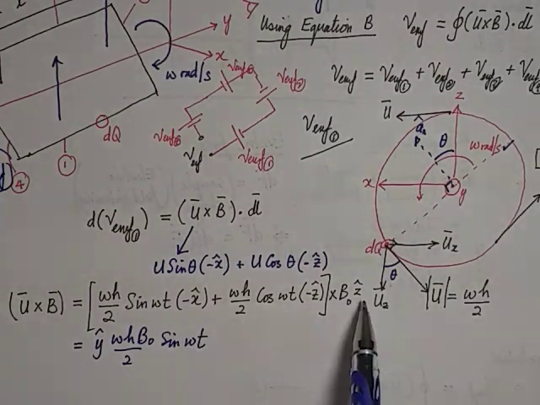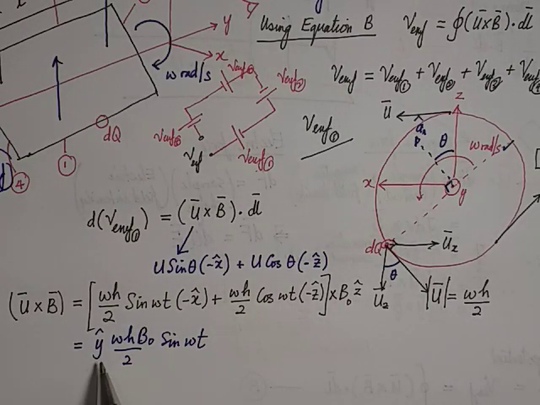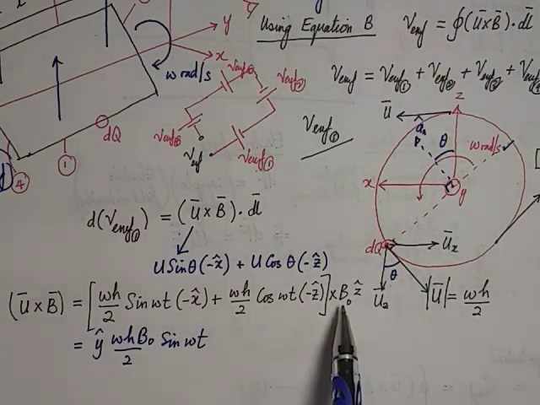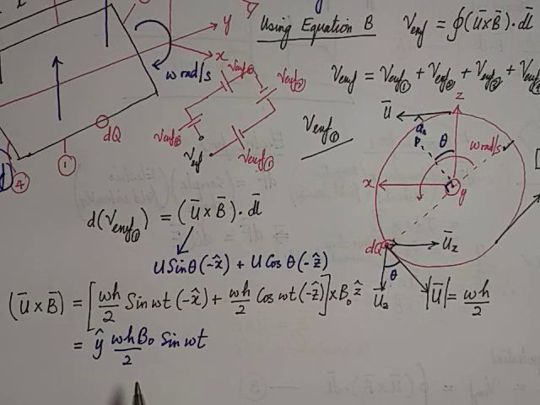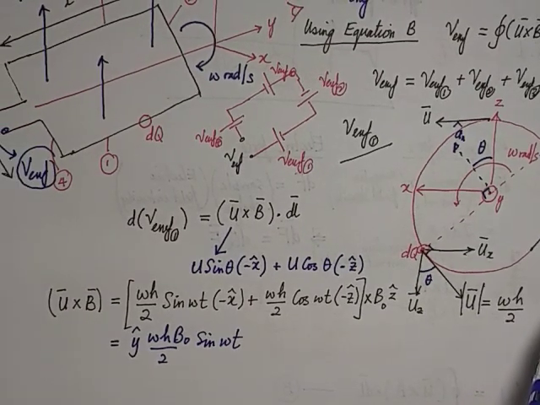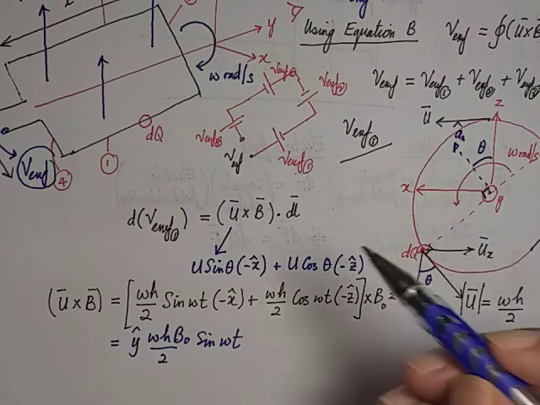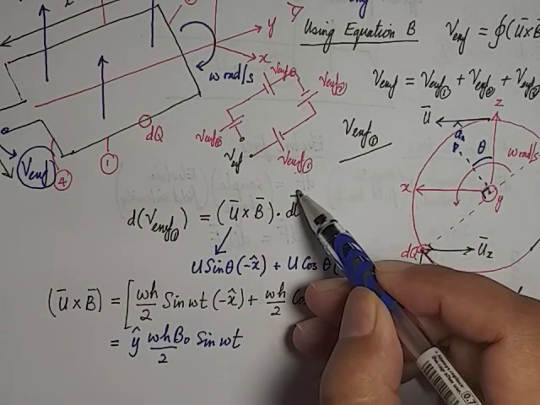Negative x cross z gives us y, with omega b naught h over 2 as the amplitude and sine omega t. So let's do the second part of the mathematics. Negative z cross z will give us 0. Therefore the u cross b will end with this particular solution. Okay, done. Now let's go on to the second part of the mathematics, which is dl.